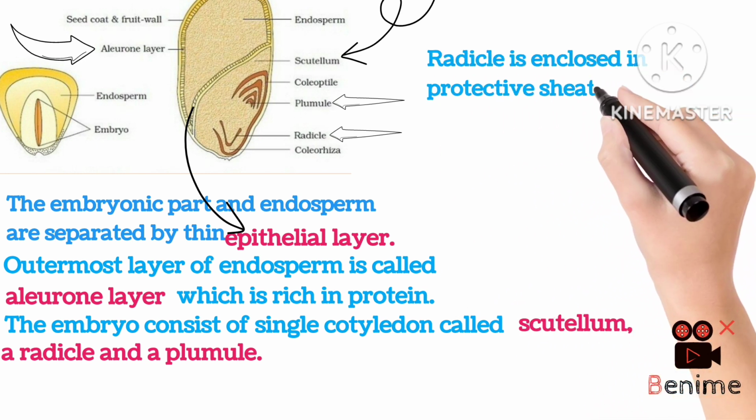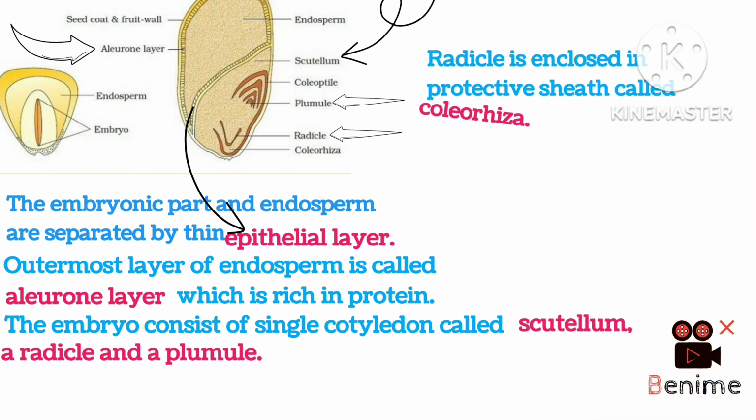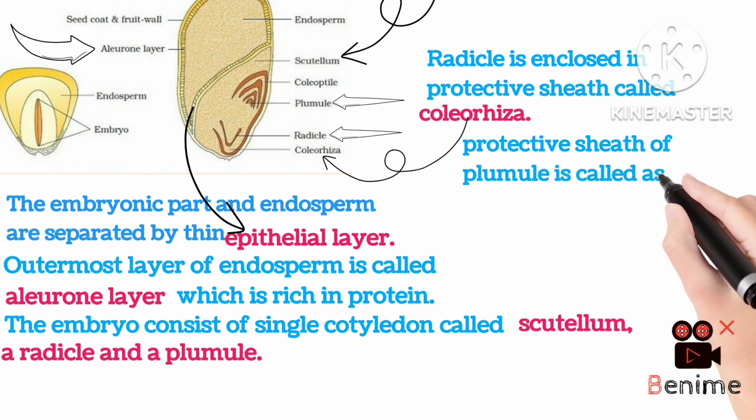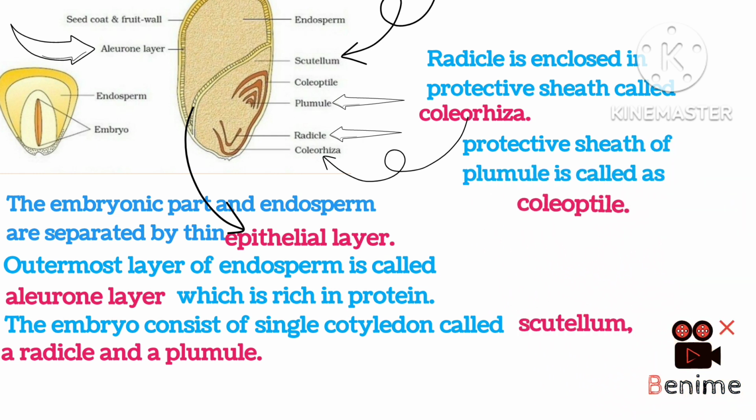Radicle is enclosed in protective sheath called coleorhiza. Protective sheath of plumule is called coleoptile.